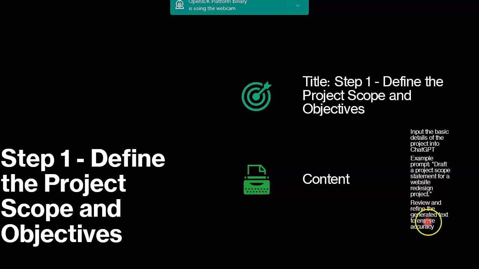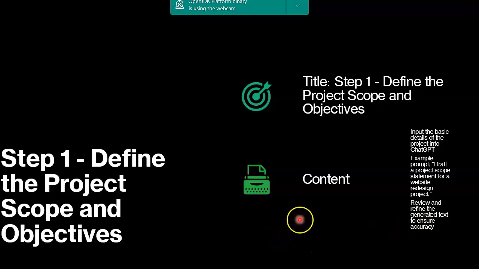ChatGPT will generate a preliminary scope statement based on this input. Your role is to review and refine the output to ensure it accurately reflects your project's goals and deliverables.